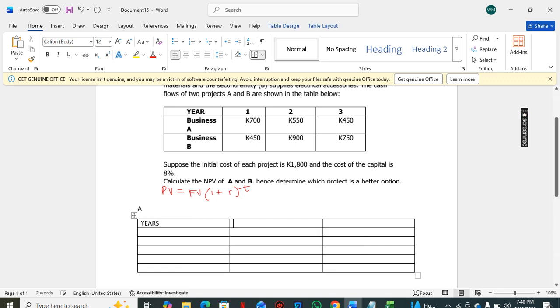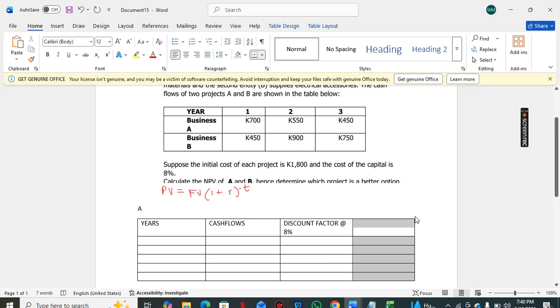We're going to put the cash flow. We're going to put the discount factor, at 8%. And we're going to put the present value here.